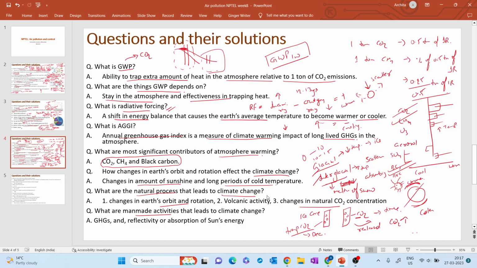So that is why it says changes in natural CO2. It's not the CO2 we are generating at present. It's the CO2 which was generated over the past 100 years but was trapped in the ice. As the ice melted in the interglacial period, this CO2 is released, and hence the climate change also increases. So that is important.